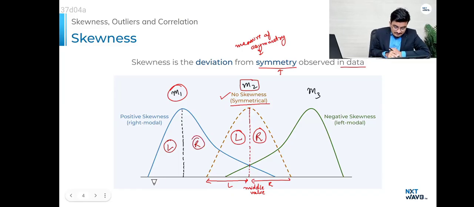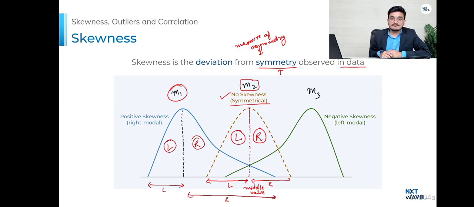The distribution or the dispersion on the left side is very small compared to that of the right side. So this will give me right skewed or positively skewed data. This type of distribution is called positively skewed because the tail of the data, which is the longer side of the data, is on the right side.